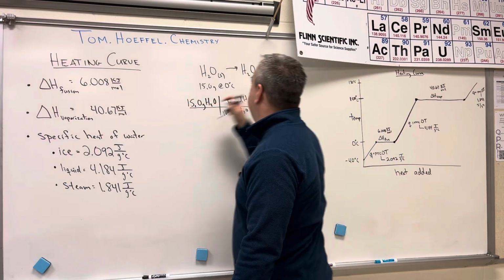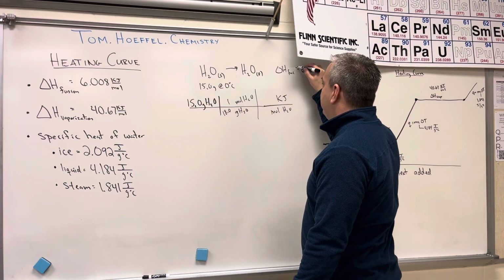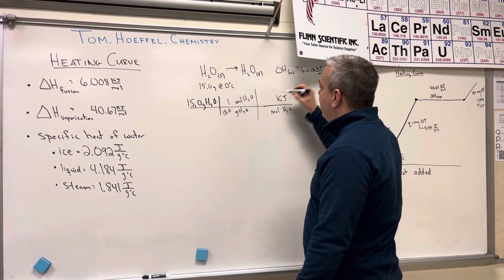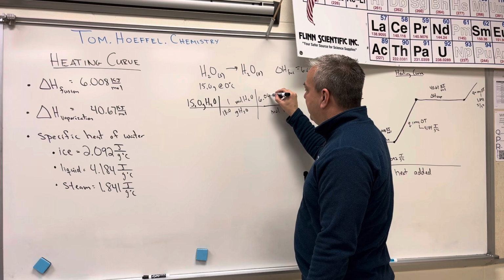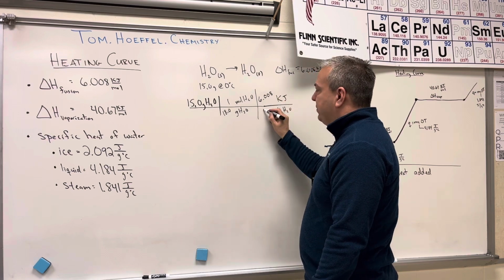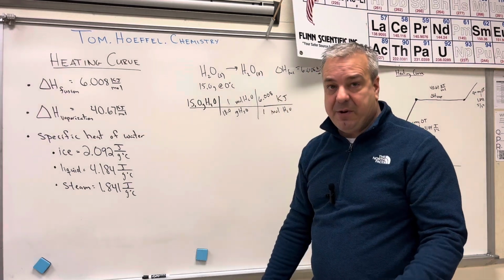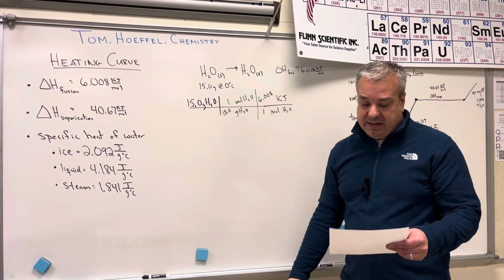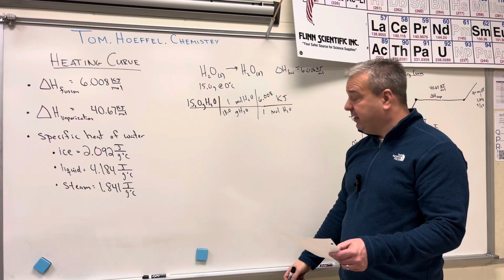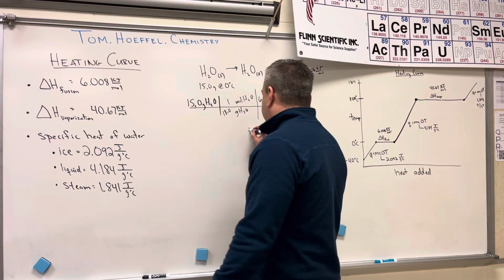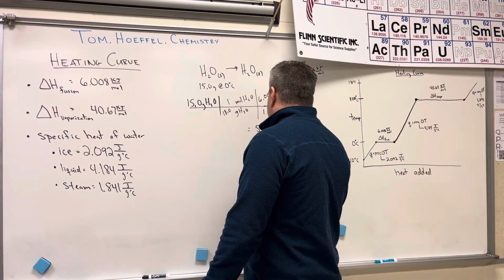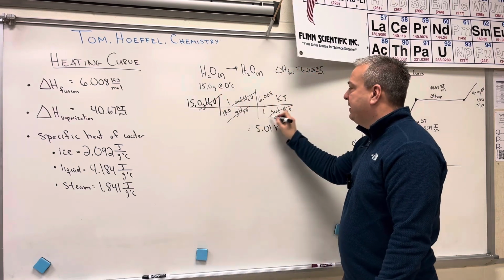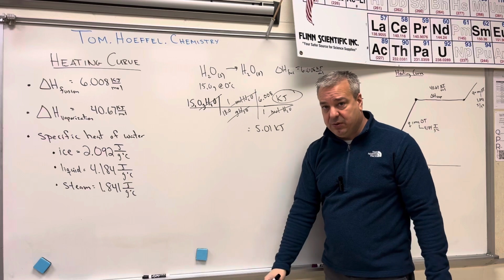It's equal to 6.008 kilojoules per mole. So I'm going to put in here 6.008 kilojoules per mole. So if I get out my calculator and I take 15 divided by 18 and multiply it by 6.008 kilojoules, I'm going to get an answer of 5.01 kilojoules, because the grams are going to cancel out, the moles are going to cancel out, and I'm going to be left with kilojoules.